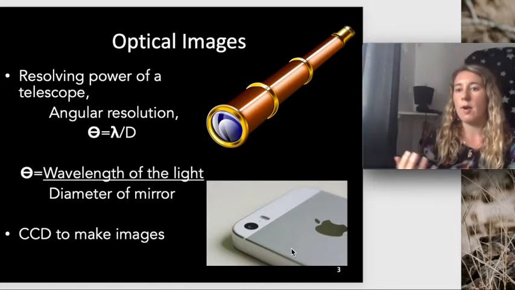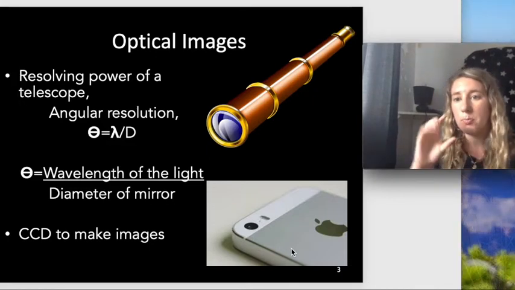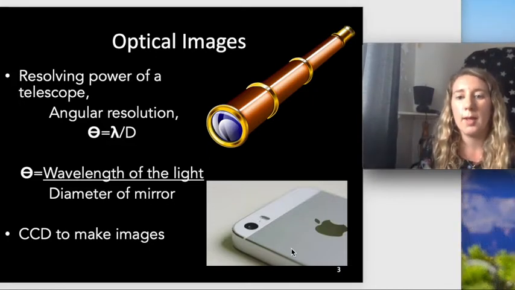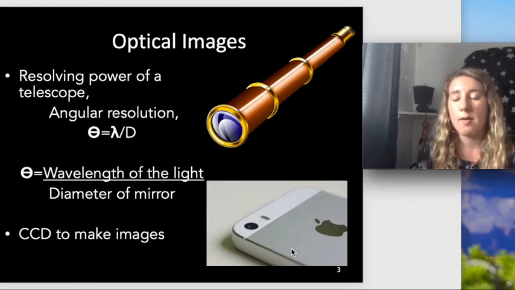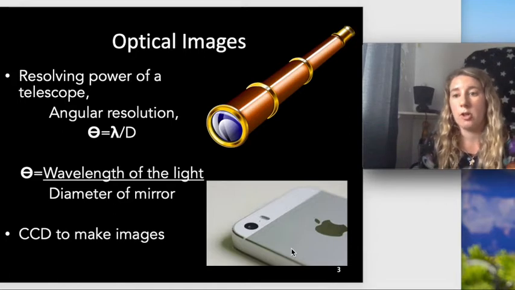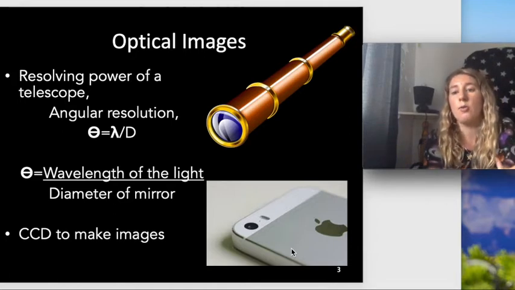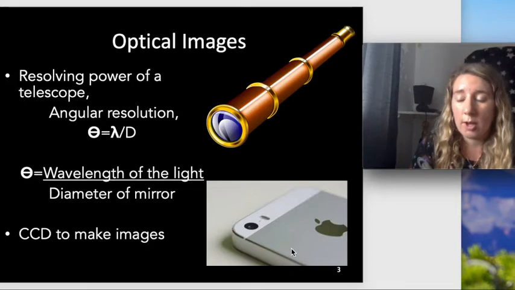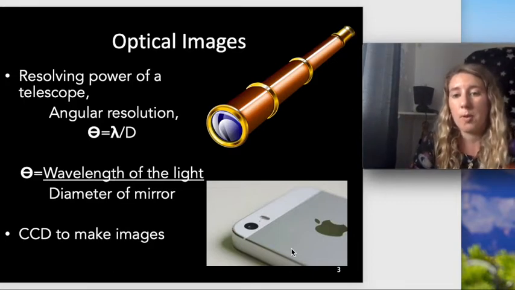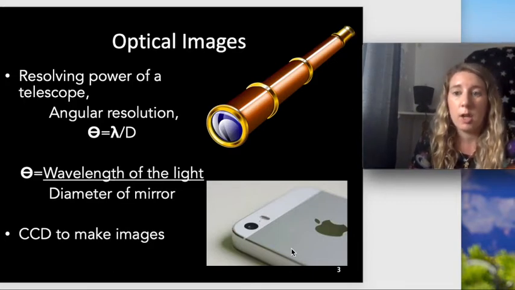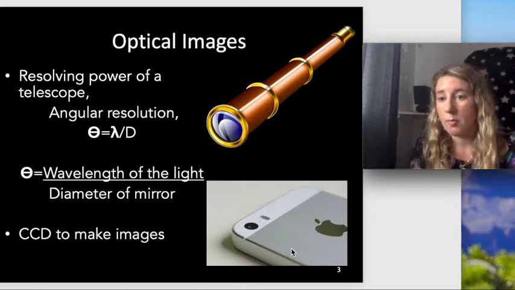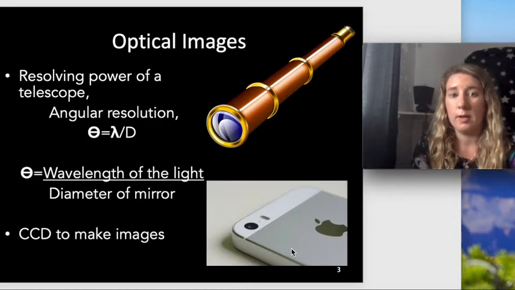We all take for granted that we can just point our phone at something and take a very high resolution image. That CCD technology was actually first invented by astronomers to take high resolution imagery. We must thank them for the ability to take such lovely photos of things.